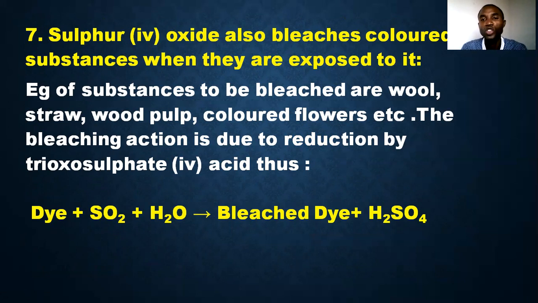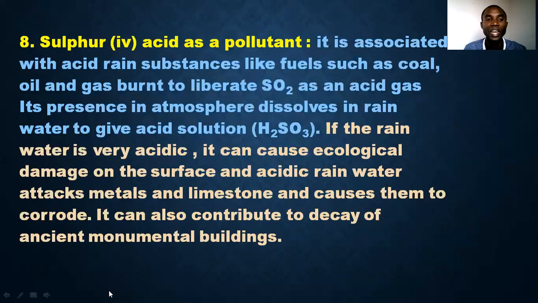Examples of substances to be bleached are wood, straw, wood pulp, colored flowers, etc. The bleaching action is due to reduction by trioxosulfate IV acid, as we have here. So it has the bleaching action.